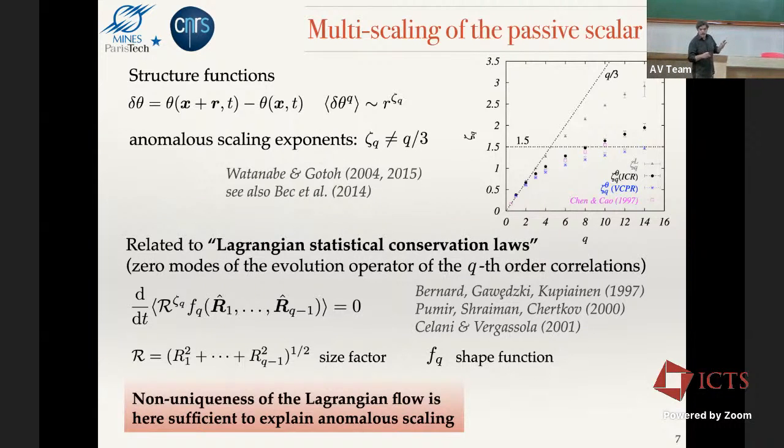So assume now that you put a model velocity field which has exactly the Kolmogorov 1941 scaling properties, that you solve the advection diffusion equation with this prescribed velocity field, then still the scalar field will show this intermittent exponent.